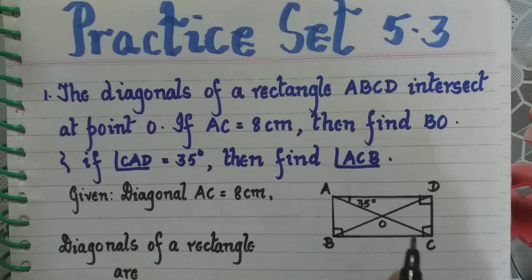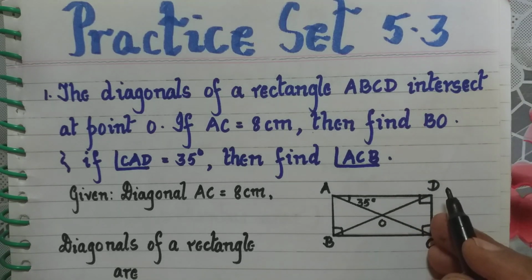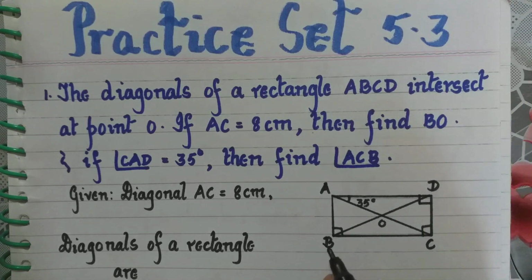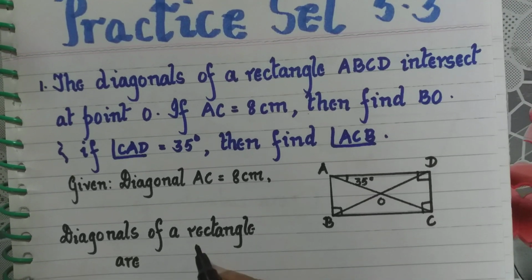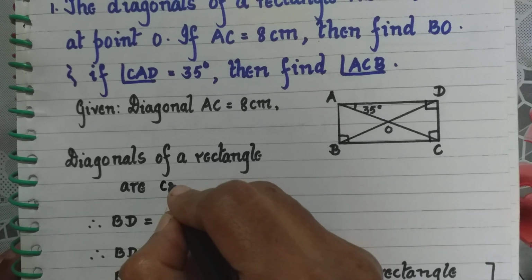Why do we need it now? Because we have to find BO, which is a part of the diagonal BD. In fact, it is half the diagonal BD. So first we say diagonal AC is 8 centimeter. Now we use the property diagonals of a rectangle are congruent.